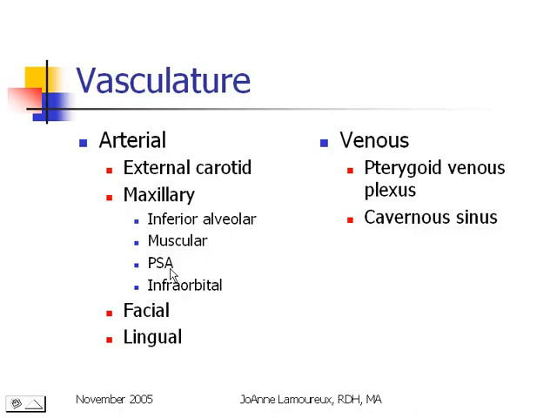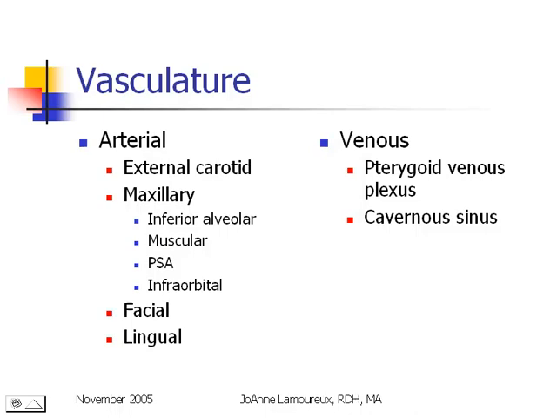The blood vessel is in the same vicinity that we need to deposit our anesthetic, so it's critical to aspirate when you give any injection. But the injection that carries the highest percentage of positive aspiration is the inferior alveolar block, because the inferior alveolar artery is running side by side with that nerve.